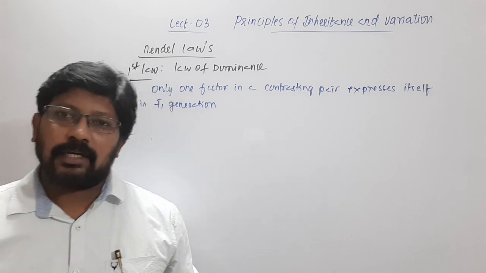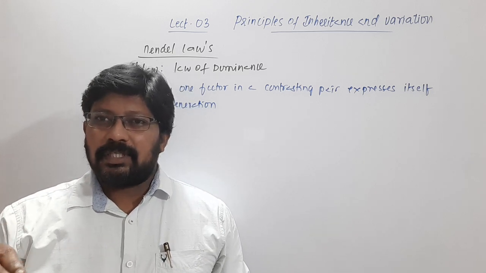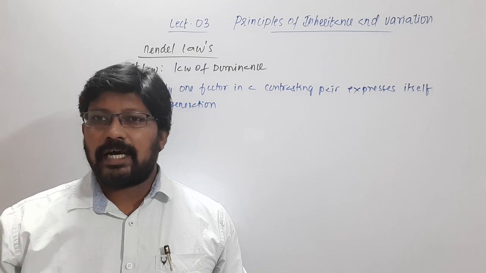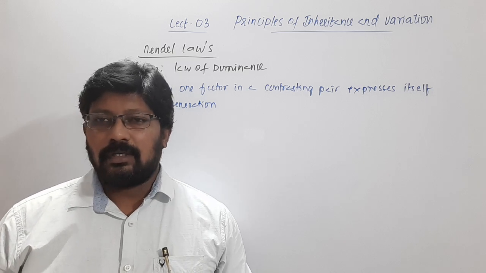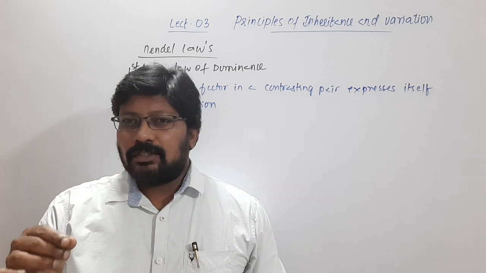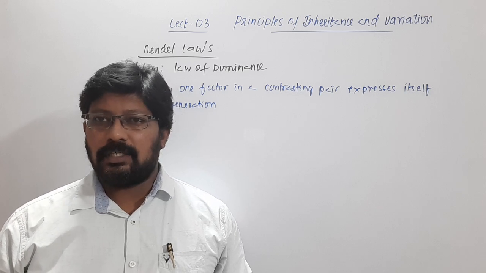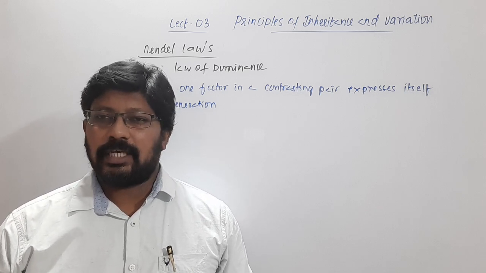Even Mendel did not know about it. He simply described how characters are inherited from parents to offspring. There was no word called gene in the dictionary of biology in those days. That was in 1865.